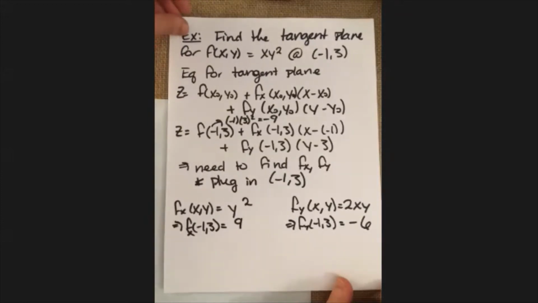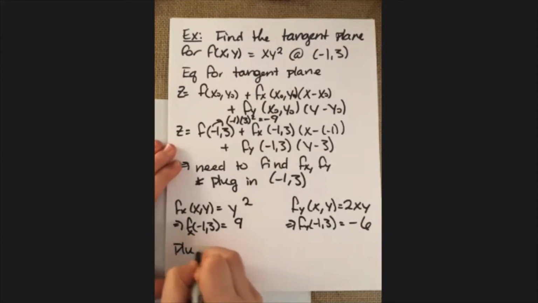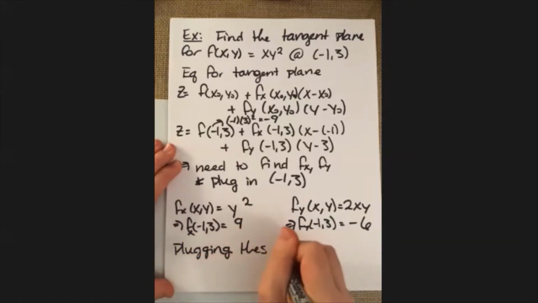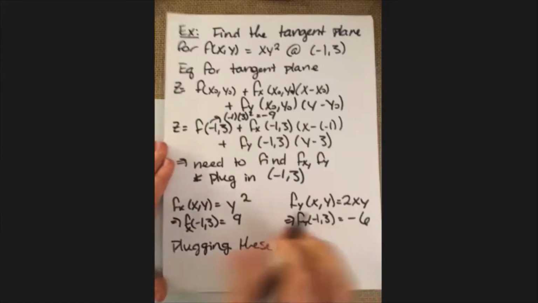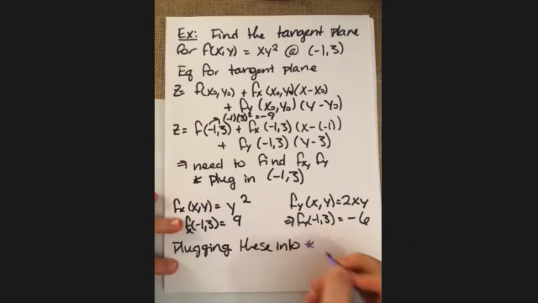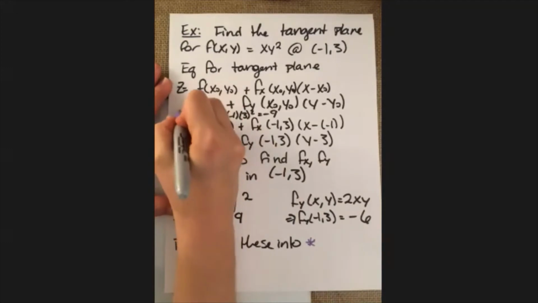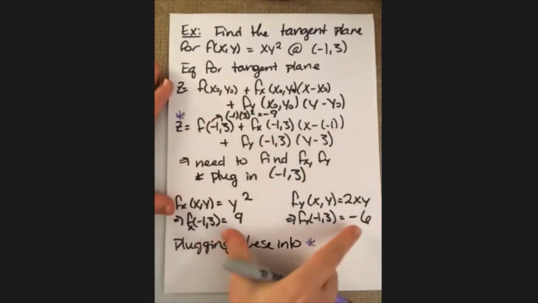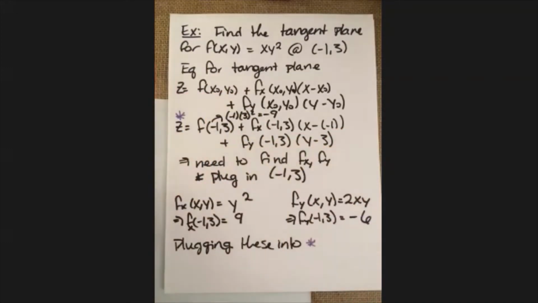All right. So now all we have to do is plug these numbers back in. And I'm not going to rewrite all of this, but we refer back to, I'll call it star. That's just this equation right here. So we're going to substitute all these values in here.